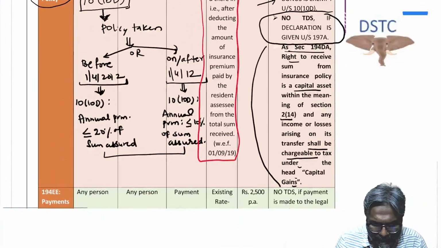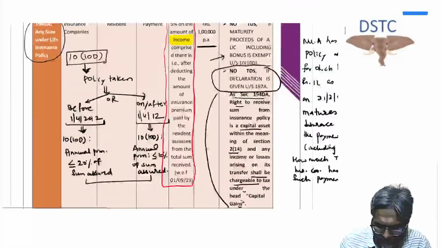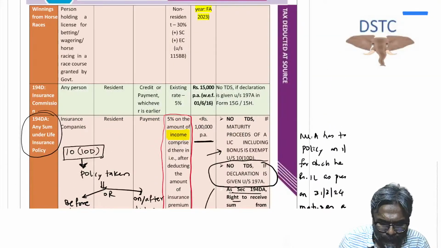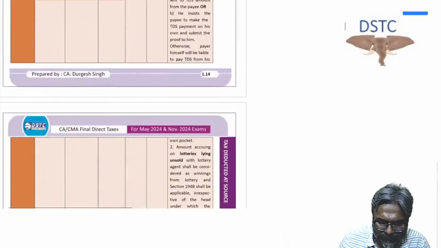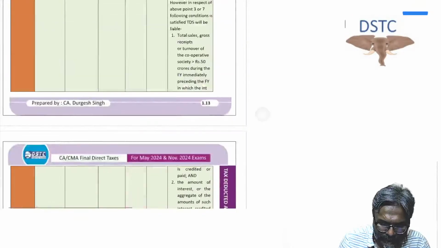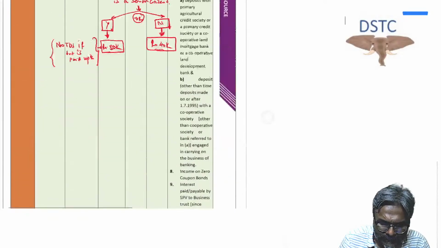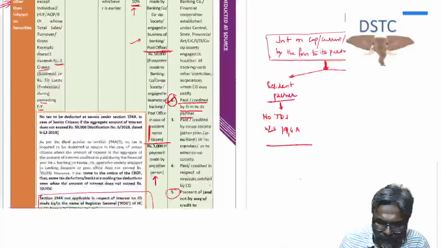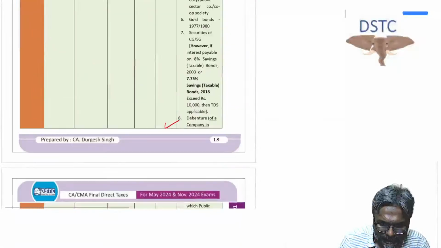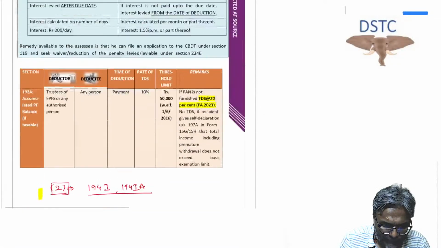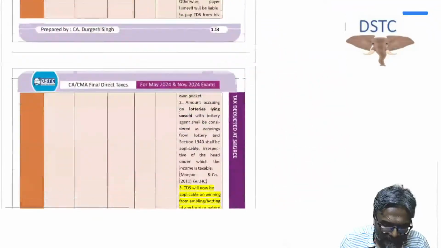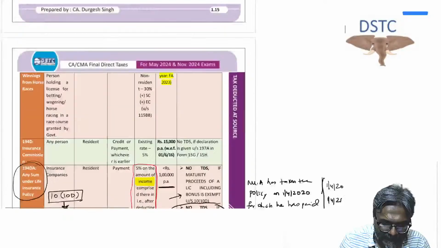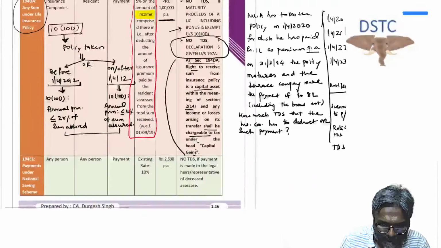Now students, the other two sections in this context, which are the other two sections you have to list down? The remaining two sections of the capital gains category: 194LA and 194IC. 194LA and 194IC, students.